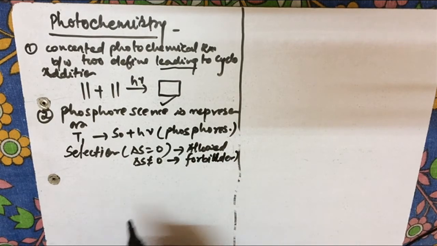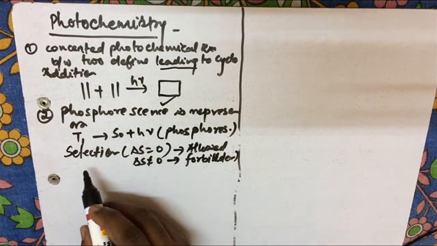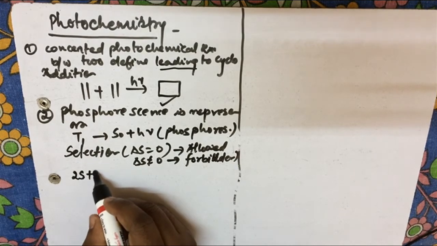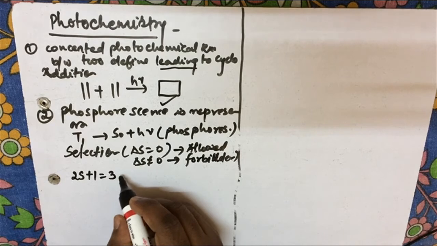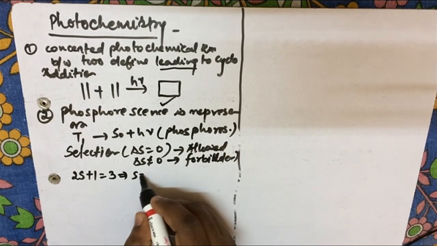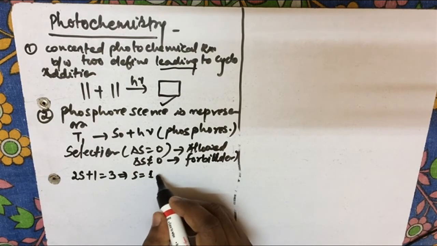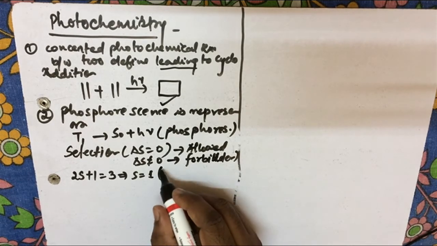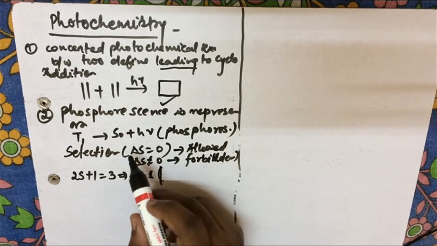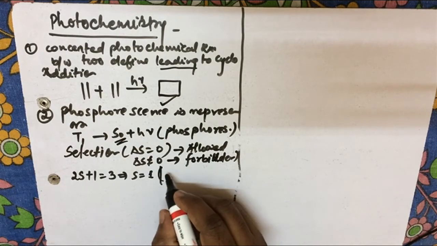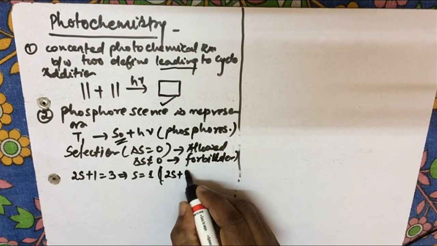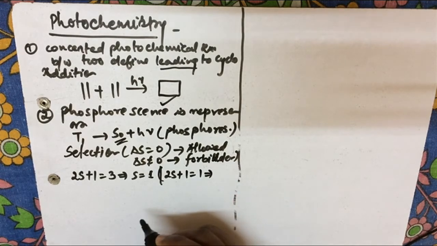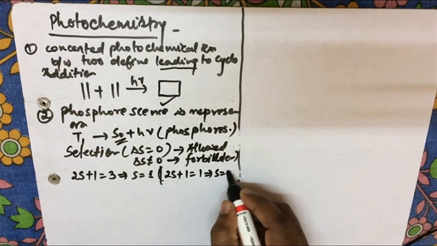Here, triplet means 2S plus 1 is equal to 3, which implies S is equal to 1. Similarly, for the singlet ground state, 2S plus 1 is equal to 1, which implies S is equal to 0.